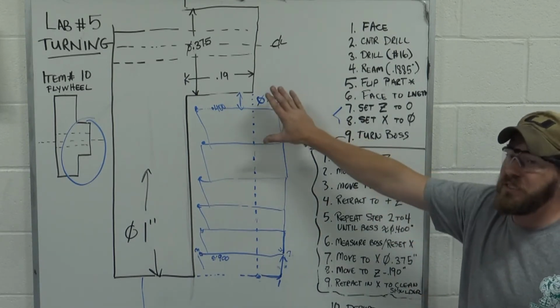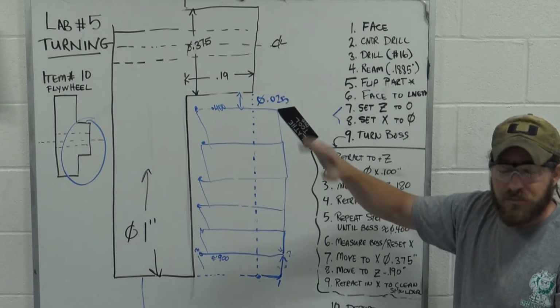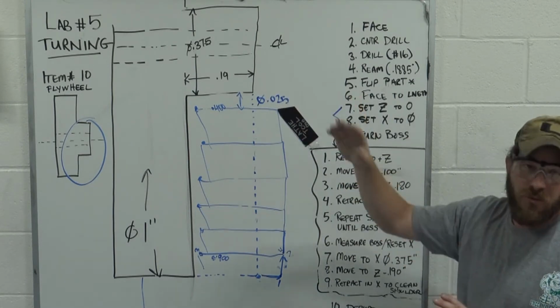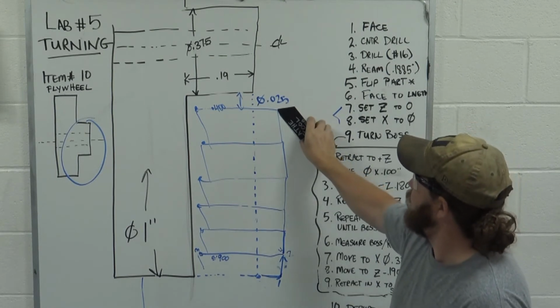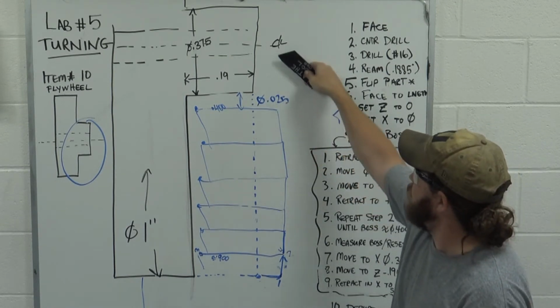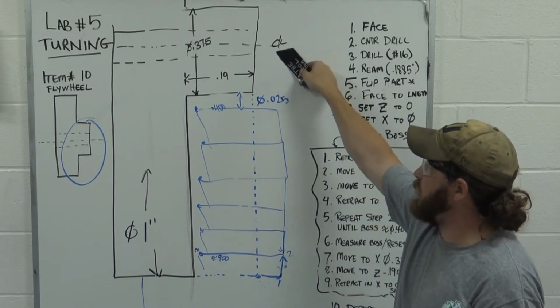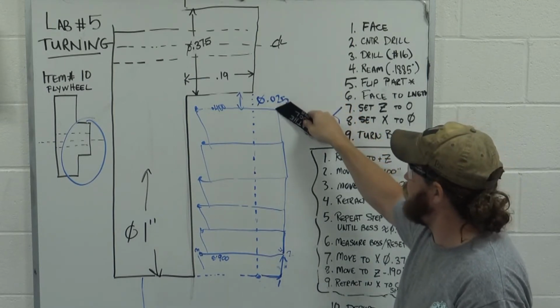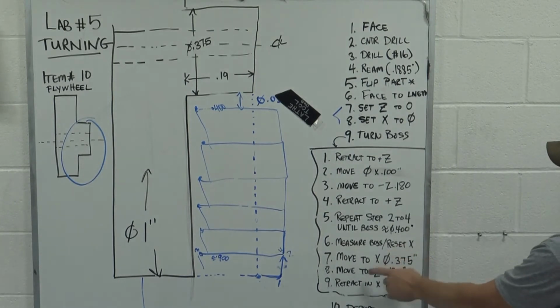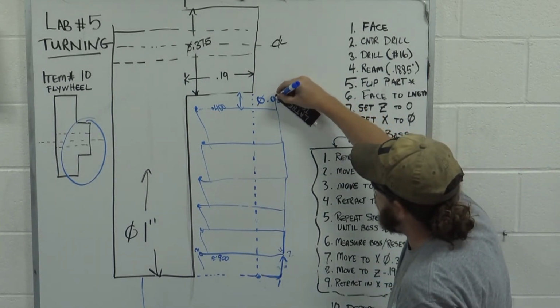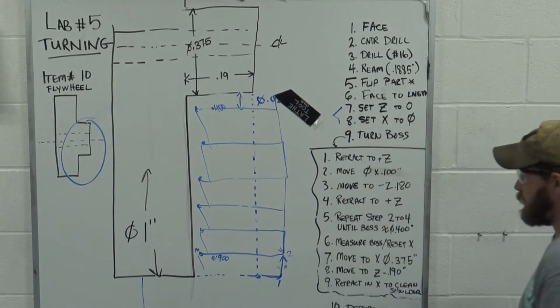Again, it should be somewhere around 25 thousandths, probably between 20 and 40 normally. So it should be a very light cut. If your tool's way up here, that's not right. It should just be a small little movement. So we move to here, that would be step 7.